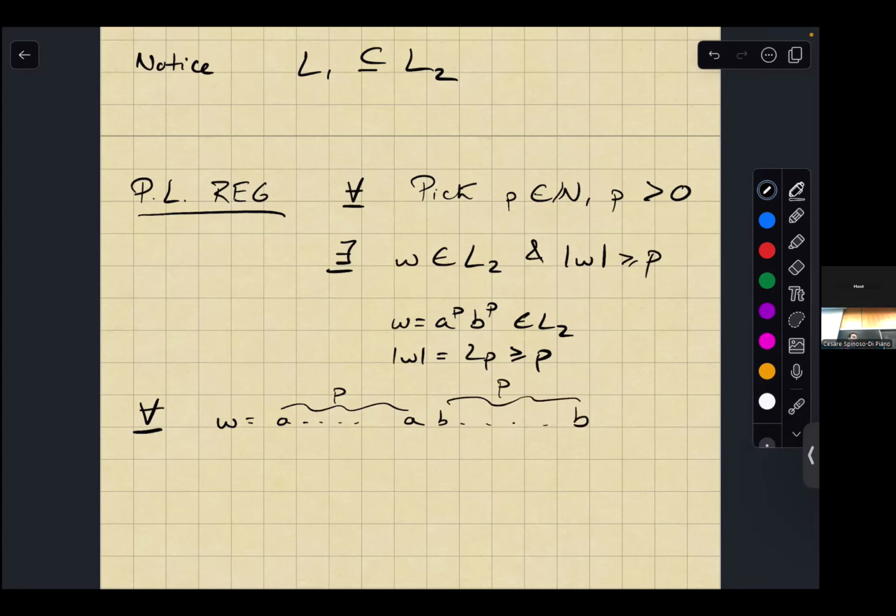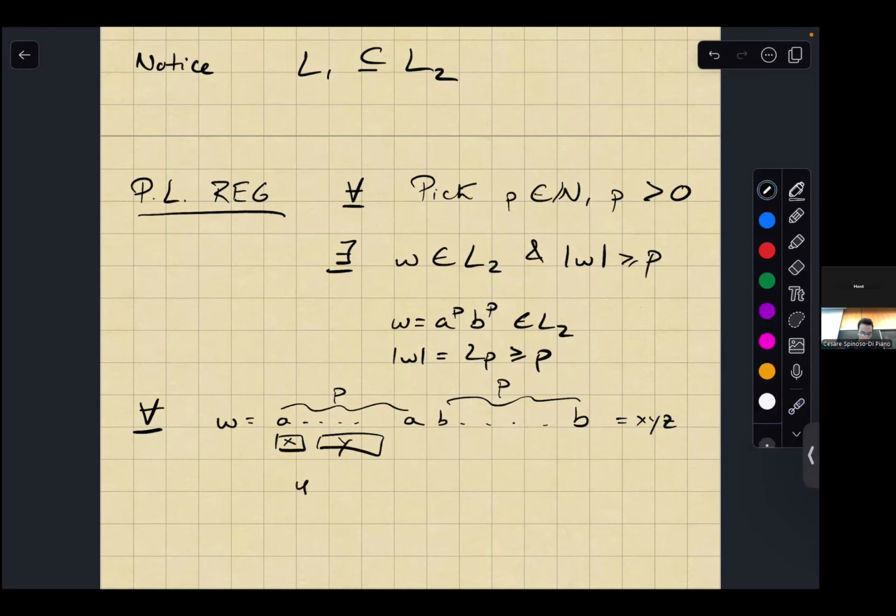And what the pumping lemma tells us is that the decomposition of w into xyz, the xy has to be at most of length p, right? So that tells me that I'll have x and I'll have y, but y is definitely not going to cross over to the B's, right?